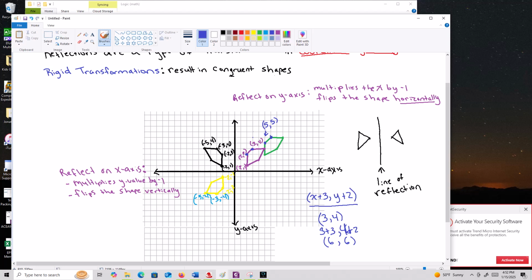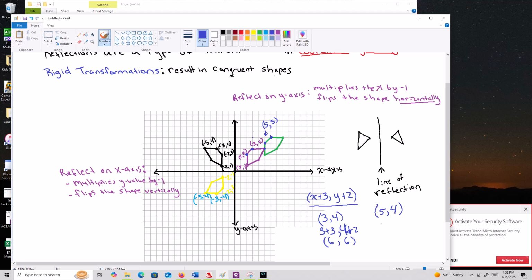All right, so the next point is right there. And the original point is 1, 2, 3, 4, 5 on the x, and then 1, 2, 3, 4 on the y. 5, 4. So let's plug it in to the equation x plus 3, y plus 2.